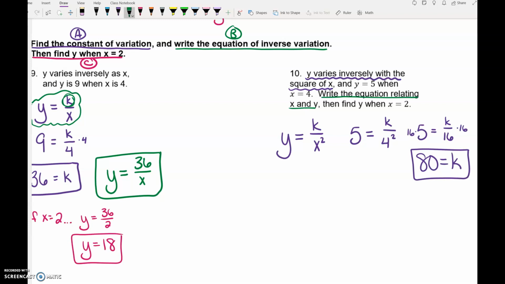So part A, find the constant of variation in this new inverse variation situation. Our constant of variation is 80. Part B, write the equation. You're going back to this thing, but now we know what k is. So y equals 80 divided by x squared.